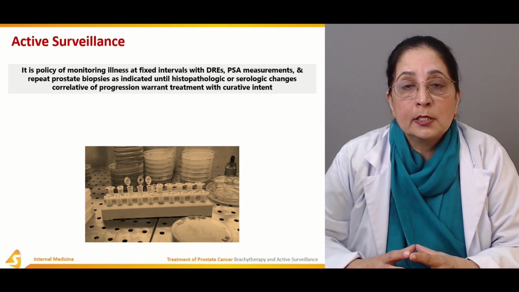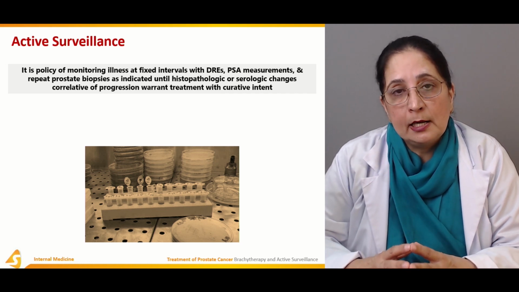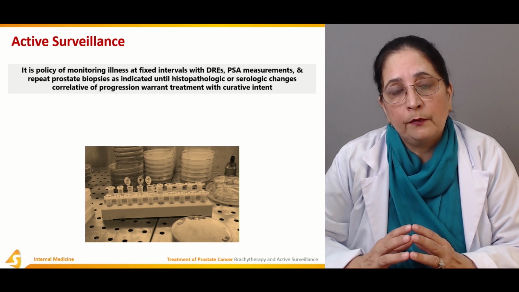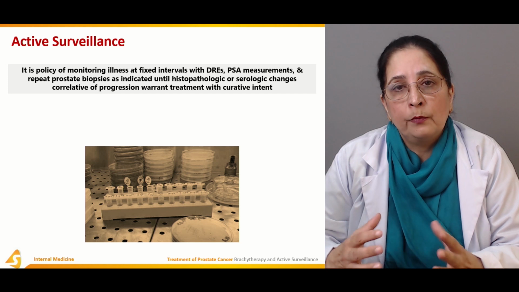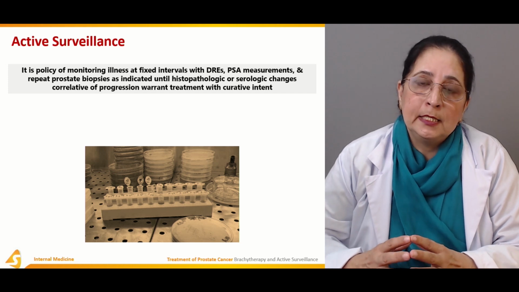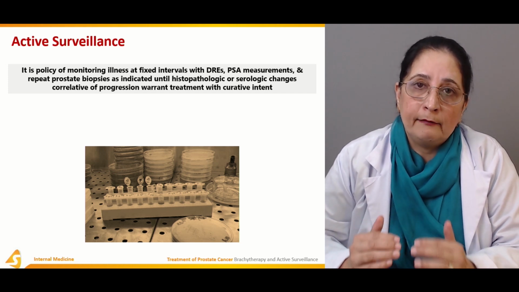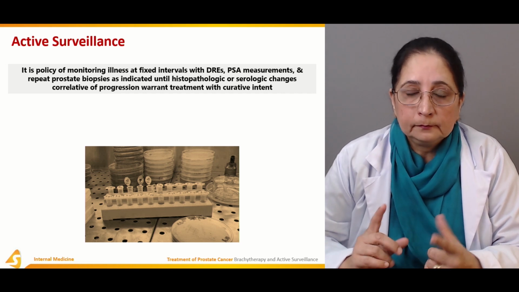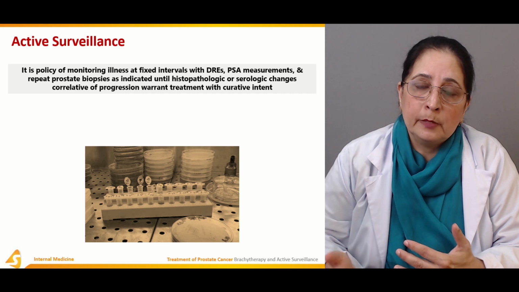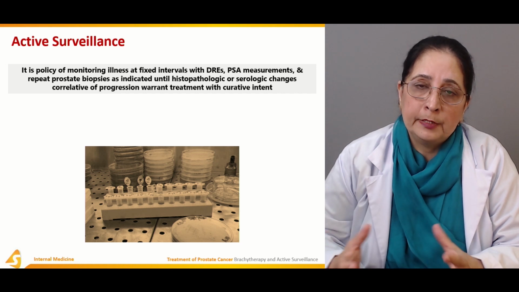Then prostate-specific antigen levels are very important to assess how serious the prostate cancer is. The levels should be measured, and that's very helpful. And then finally, the most important is the biopsy.